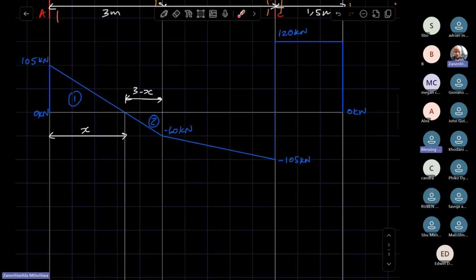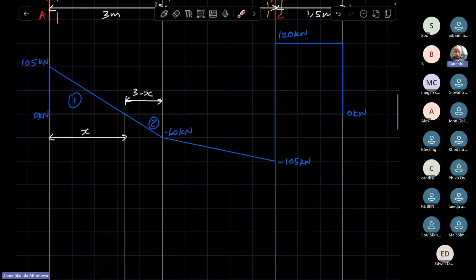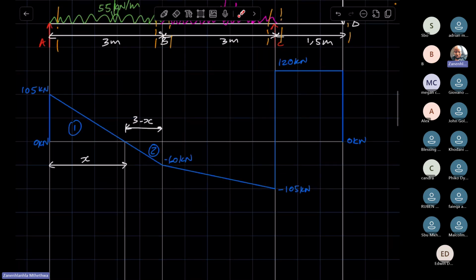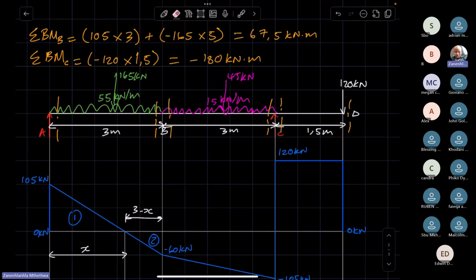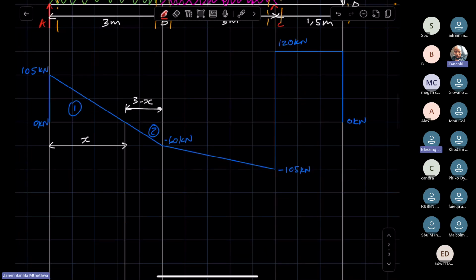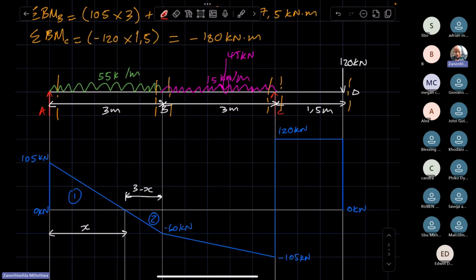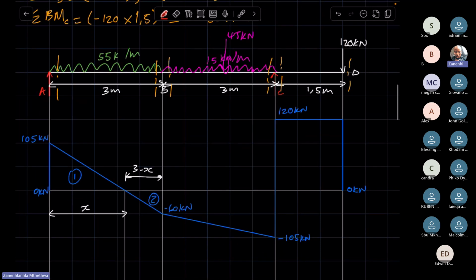So you've calculated this x value. So now you can calculate the bending moments. Remember that this is not there. Right, now we can calculate the bending moment at point X by considering forces on the left-hand side.